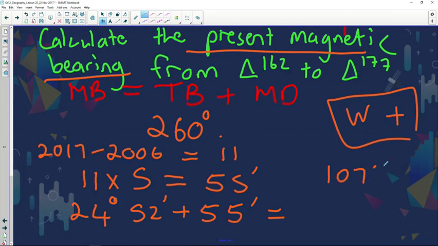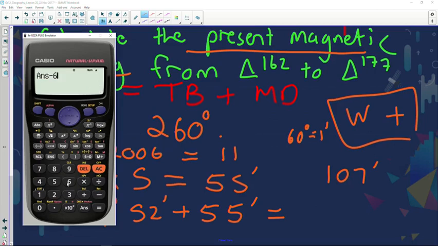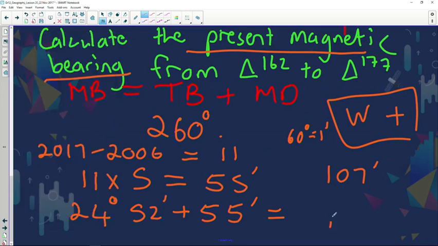Now, how many degrees are in 107 minutes? 60 minutes equals 1 degree. So if we subtract 60, we are left with 47 minutes. So 107 minutes equals 1 degree and 47 minutes.